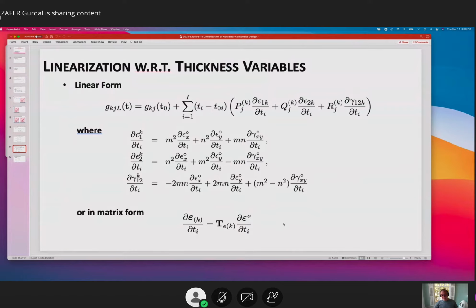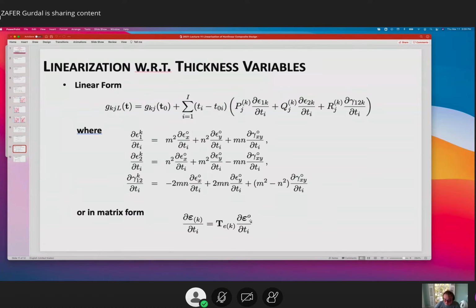Now, if you're going to go to stresses from here, you need to go to your stress calculation, which basically, stress is equal to, so these are the strains in the material principal direction.